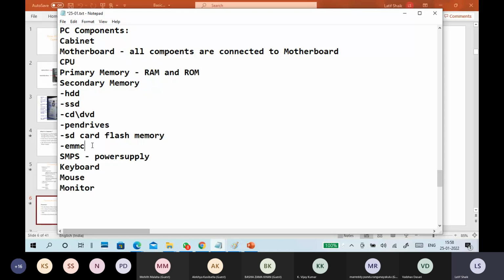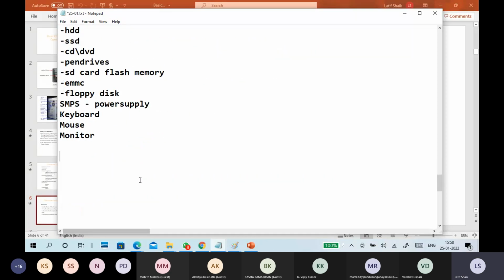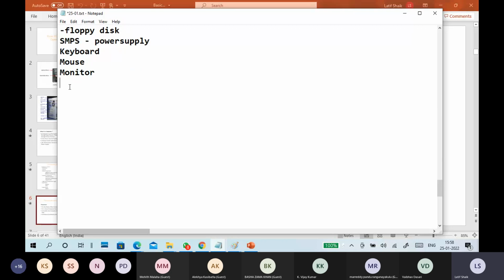I have written floppy disk too. We need to know the components so that we can understand how to troubleshoot or work with them. These are the basic components of your hardware.